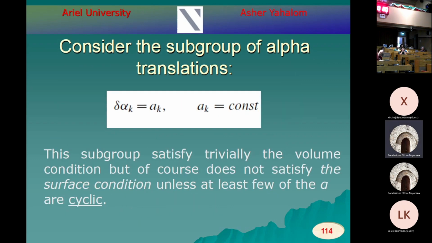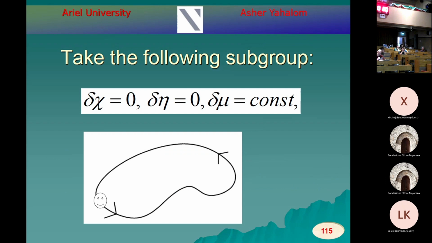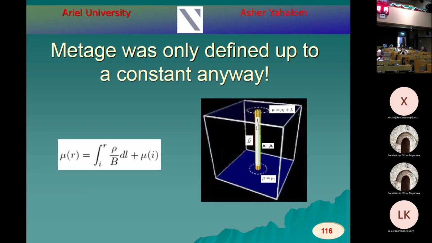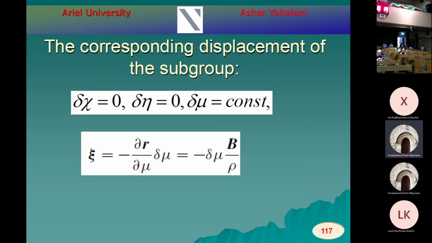Okay, so obviously you cannot take delta alpha k equals alpha k because the surface will be moving. But if you have some label which is cyclic, then there is no problem. So mu goes along the magnetic field line and it is cyclic. And delta chi and delta eta will be equal to 0. And mu is not defined up to a constant anyway.